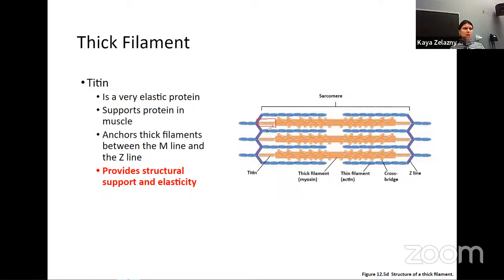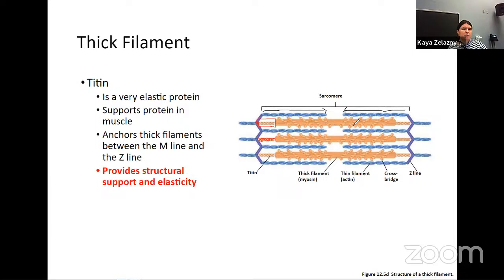It's just an anchor. And you can see that its structure is kind of springy, right? So this is an elastic protein, because when we do skeletal muscle contraction, we're going to see that our actin fibers are moving in towards the center, relative to the myosin.